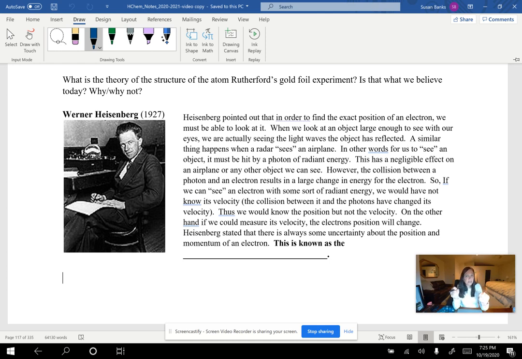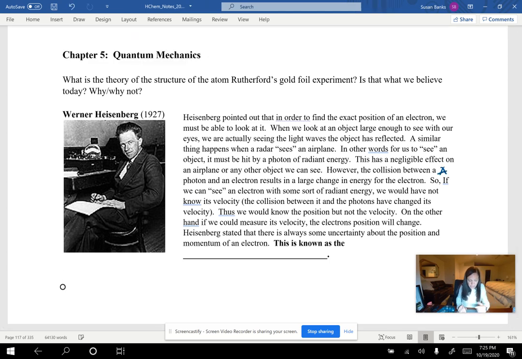If you're driving down a highway and you are hit by a car that is the same speed and the same mass as your car that you're driving, is it going to change the direction that your car is driving? You bet it is. It's going to change it dramatically. So let's think about this. A collision between a photon and an electron results in a large change of energy for that electron.